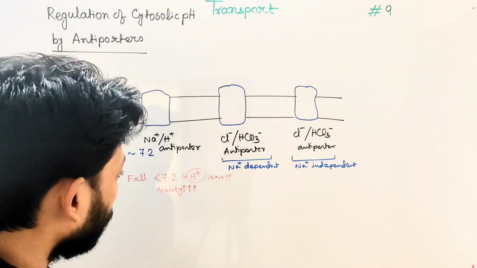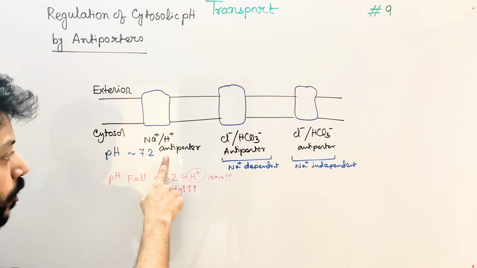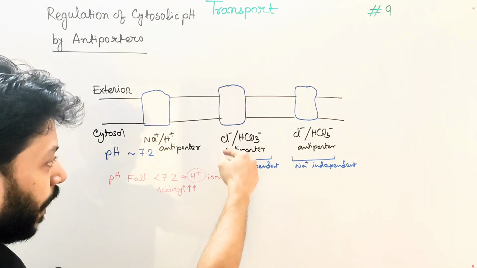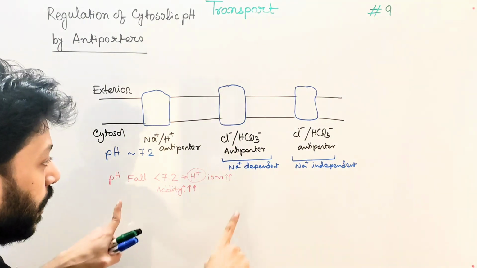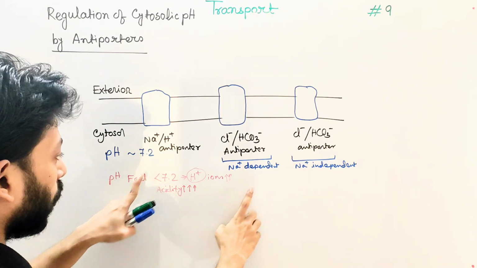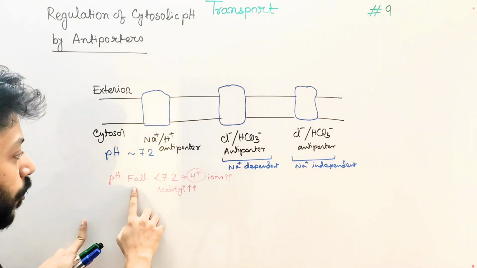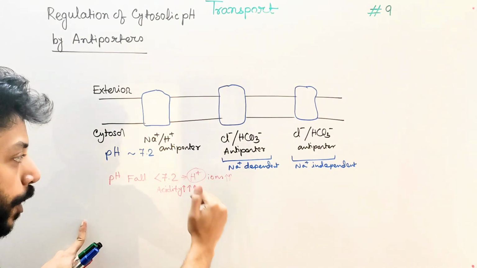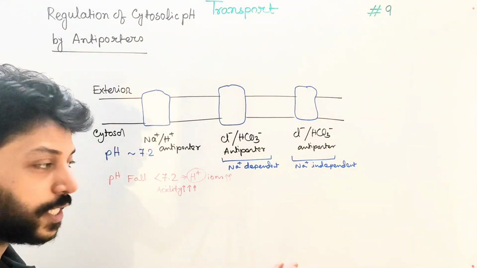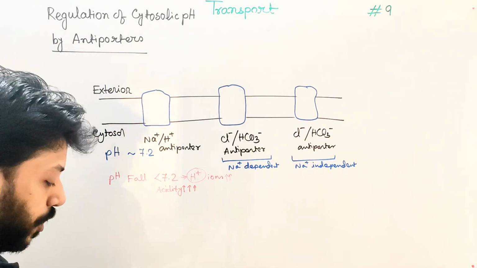So what I have mentioned, that these two antiporters, sodium hydrogen antiporter and chlorine bicarbonate antiporter that is sodium dependent, their activity increases when the pH falls below 7.2, that means acidity increases, that means hydrogen ions increase.